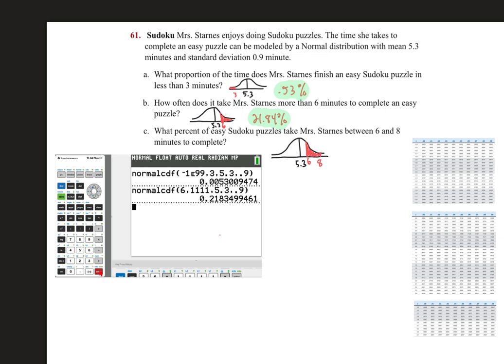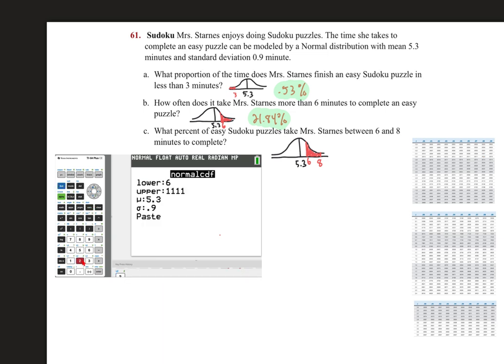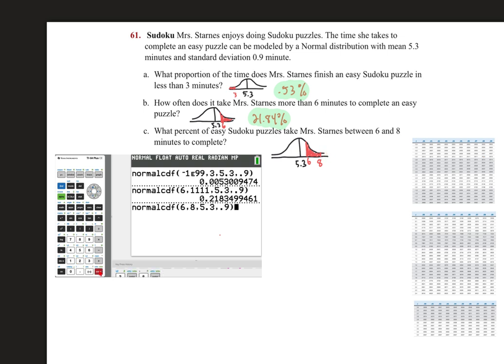So we'll do normal CDF again, and just keep 6 as our lower like it was before, but make our upper 8. And it really shouldn't change that much. The only difference is there's just not this area here, but that's so little area that it's almost exactly the same. So part C was 21.70%.